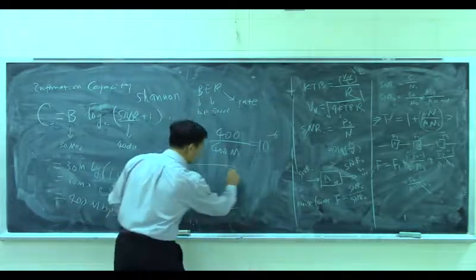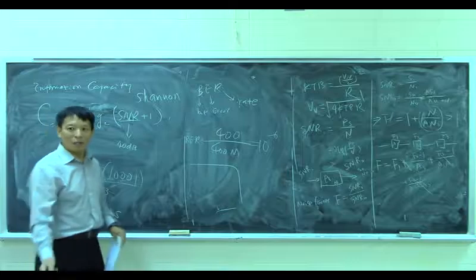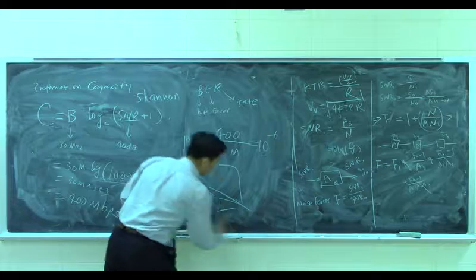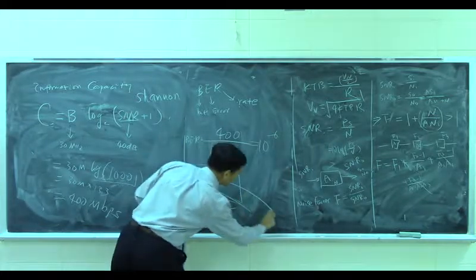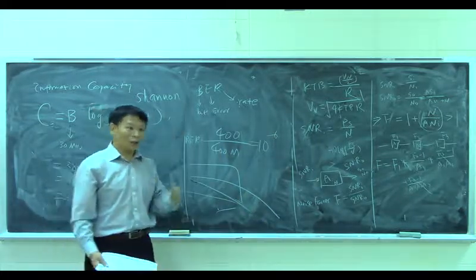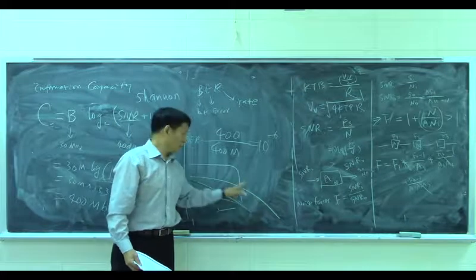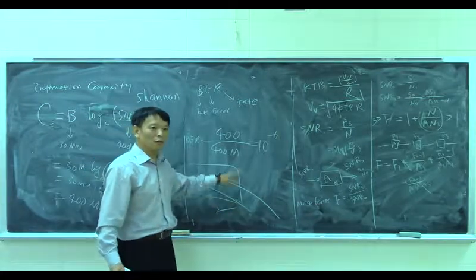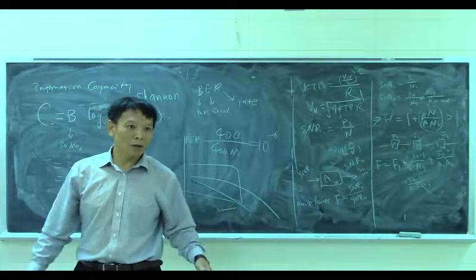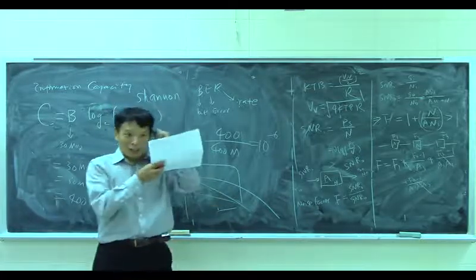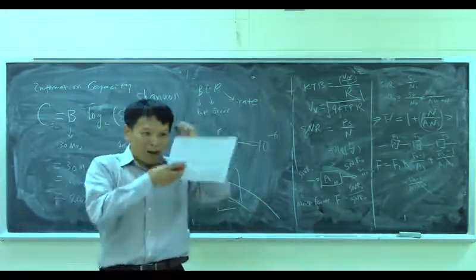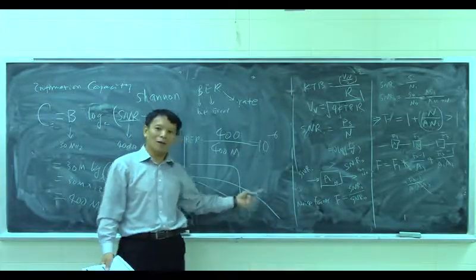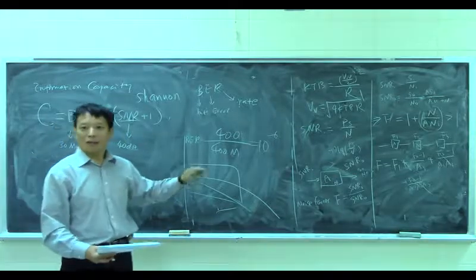If I draw this, it's something like this. This is digital. Analog is like this. Analog means you can still listen to it. But for digital, you just receive nothing. If the signal is too bad, you cut off. You drop the call. For analog, you can still make out the noise, like in a war, on the battlefield, you can still listen to it, but there's a lot of noise. So that's the difference between analog and digital.